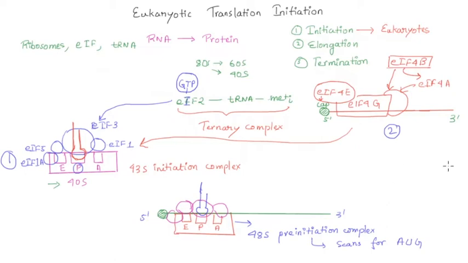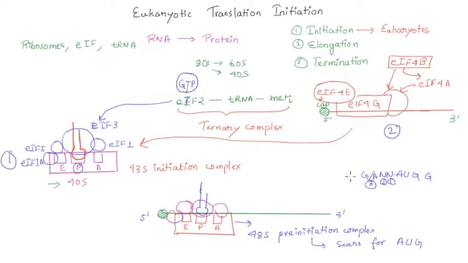Now, there is one interesting thing, that this AUG, which codes for methionine, is recognized with the help of some other nucleotide sequence. At the initiator codon you have AUG, of course, but you also have a purine, that is G or A, three nucleotides upstream of AUG, and a guanine just immediately after the AUG.